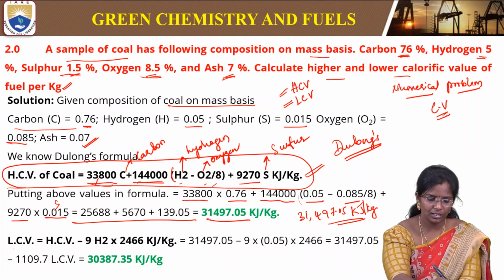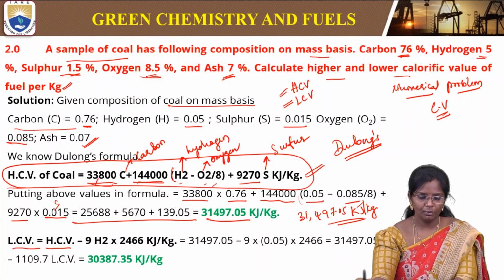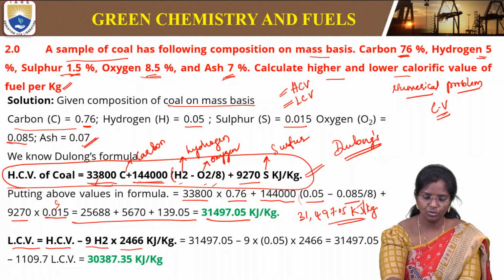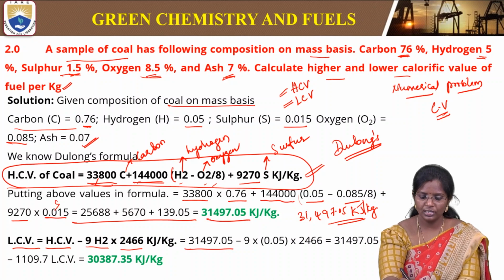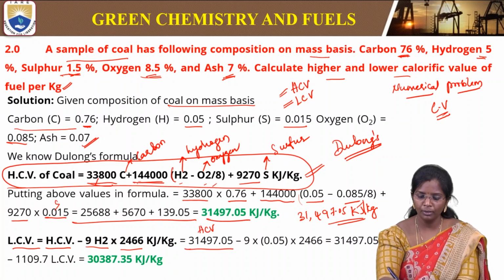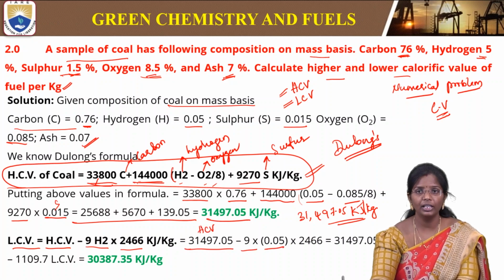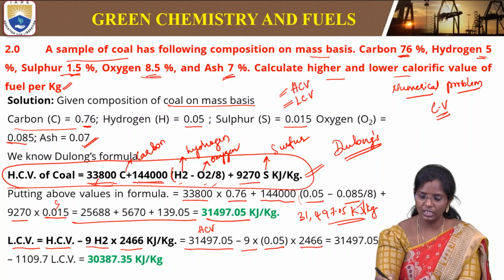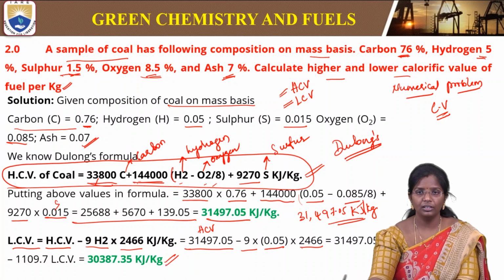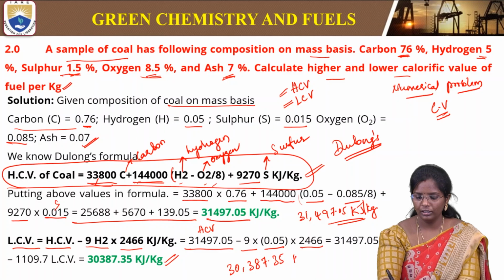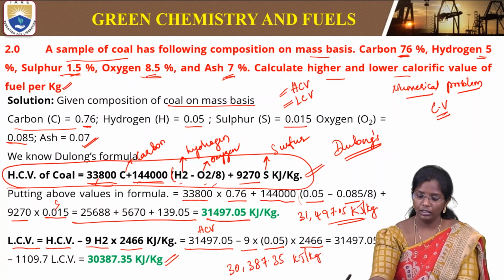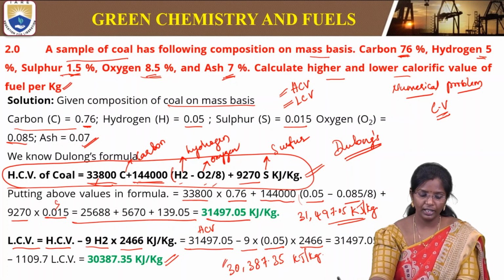And the LCV is given by HCV minus 9H2 into 2466 kilojoules per kg. So substitute the HCV value here, minus 9 into 0.05 for the hydrogen into 2466. After simplification, we get 30,387.35 kilojoules per kg.